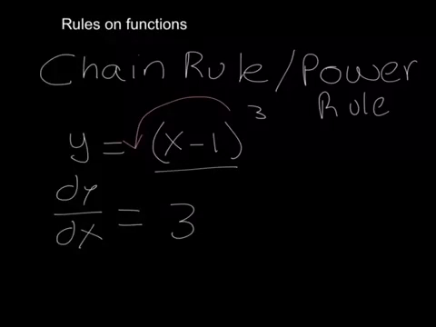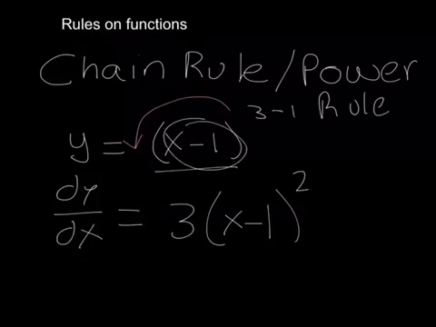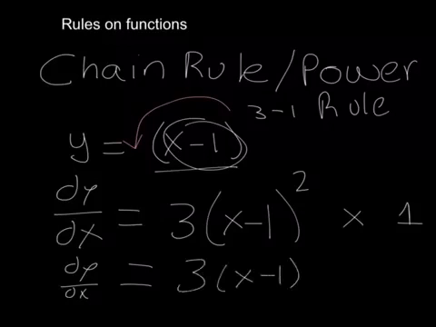We leave the function the same, so x minus 1, inside the parentheses the same. We do 3 minus 1, so it would be 2, and multiply by the derivative of what's inside the parentheses, but in this case it's only x, so it would be times 1. So dy over dx is equal to 3 times x minus 1 squared.